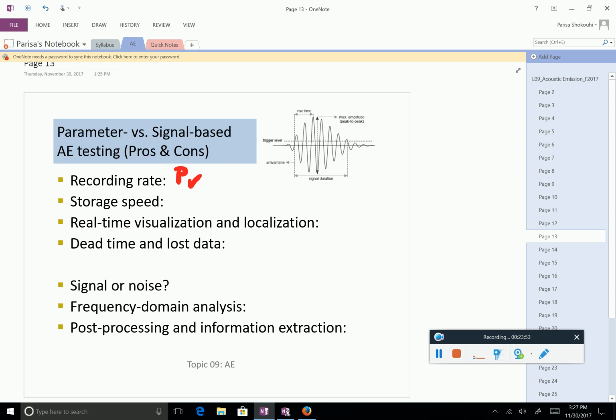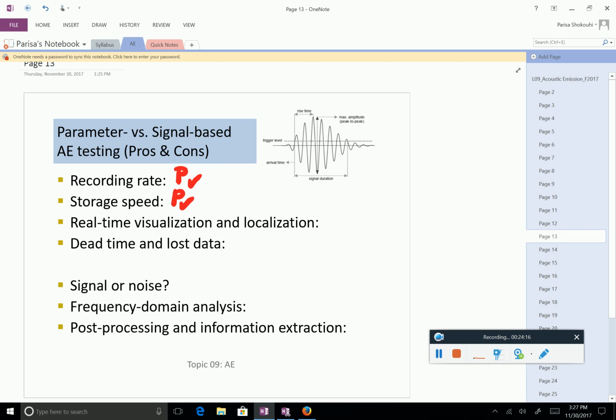If you don't have to save the whole waveform, you can save much faster. That's why in commercial applications, people a lot of times are still doing that. They are not collecting the whole waveforms.